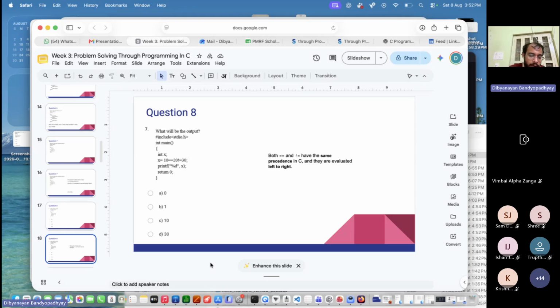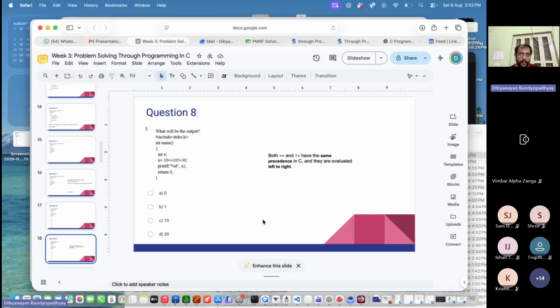So there is a hint. The hint is that in this expression, equal to and not equal to have equal precedence, and they are evaluated from left to right. So apply the hint, do the analysis again and see. There are two things to remember.